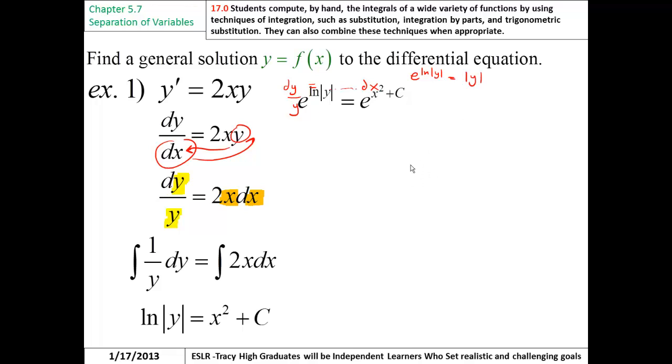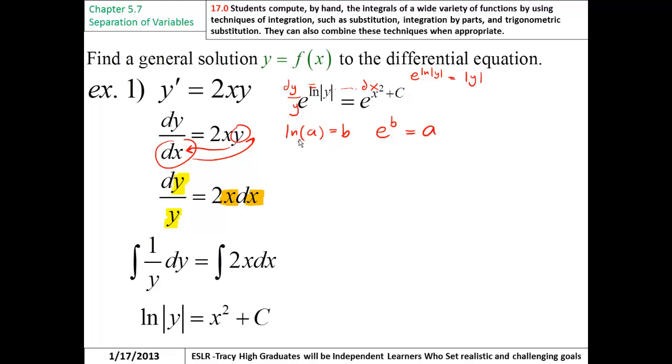And the reason that is, another way you can think of this, is if I say that the natural log of a equals b, then that means that e to the power of b equals a.